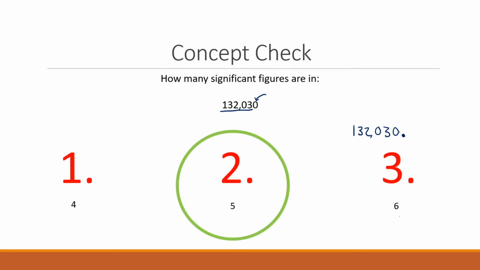It would be exactly 0. But without that decimal point, this 0 at the end is a piece that we have either rounded or we don't have enough data to accurately say. So only these 5 digits are significant digits.